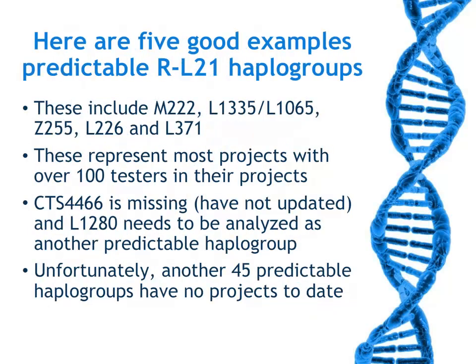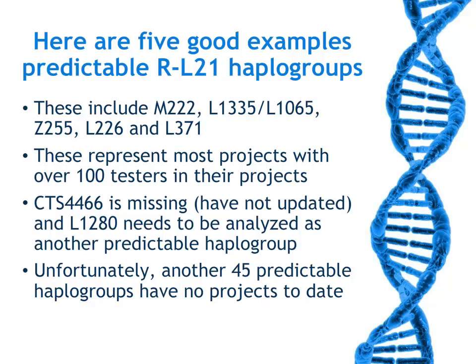I will cover 5 good examples under L21 of very large haplogroups. These are M222, L1065, which is 95% of L1335, Z255, L226, and L371.